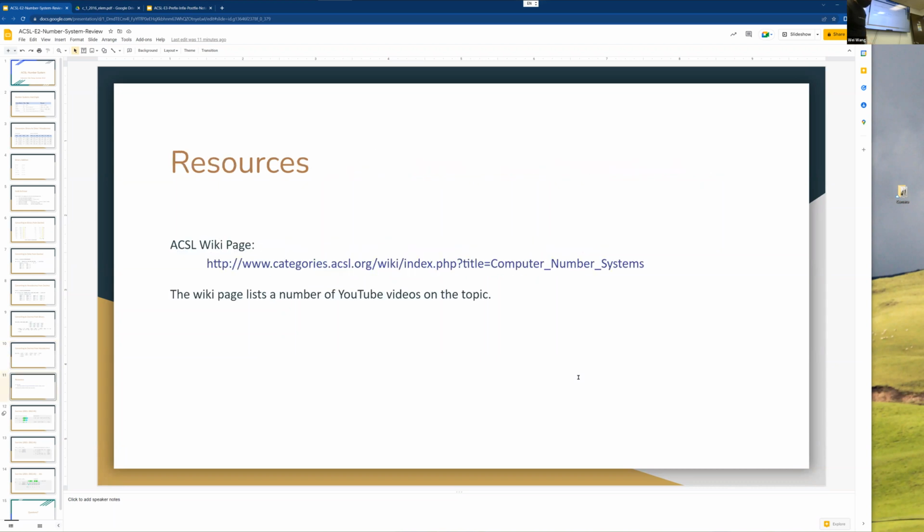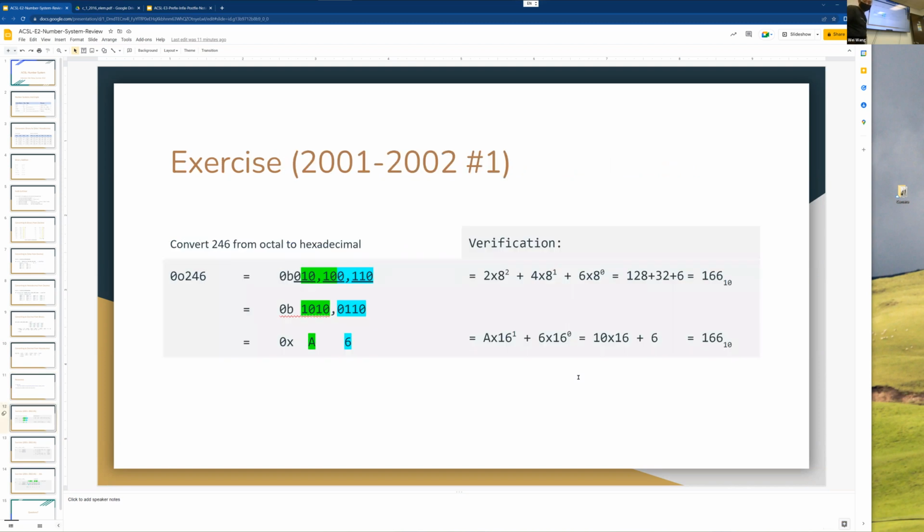And okay, there's a resource on the ACSL's website.